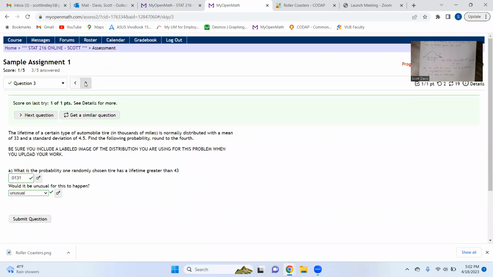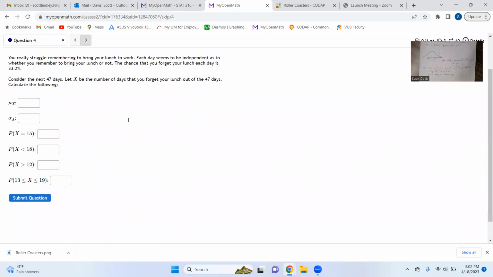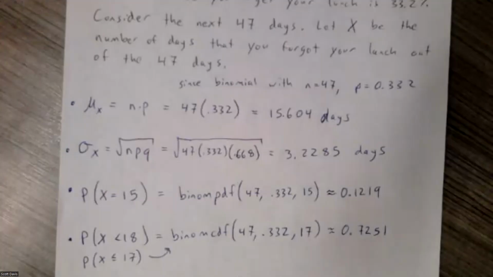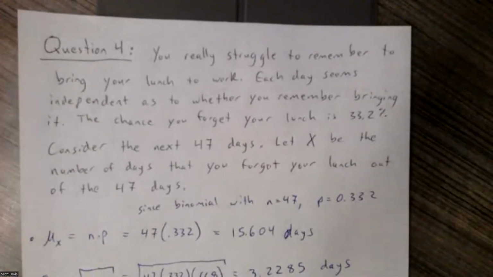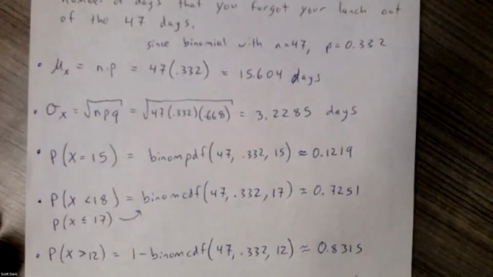On question 4, this is now a binomial type question. Again, I have my work that I can show you as a good example. So we'll stop the share here. So you can see, again, I've written out the statement of the question. And here is my work.